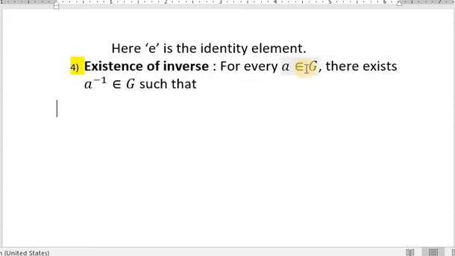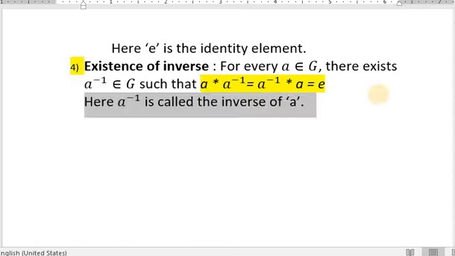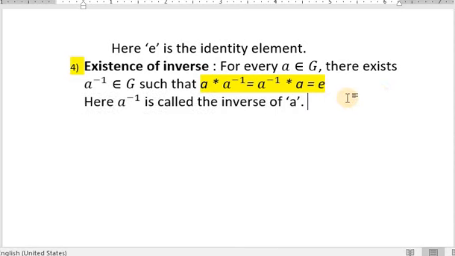For every element A belongs to G, there exists an element A inverse belongs to G such that A star A inverse is equal to A inverse star A is equal to E. When A star A inverse is equal to the identity element, then we say that A inverse is the inverse of A. If these four properties are satisfied by any non-empty set G, then we call this a group.